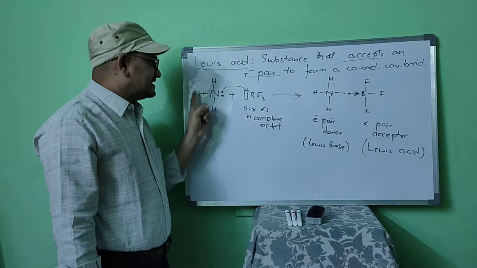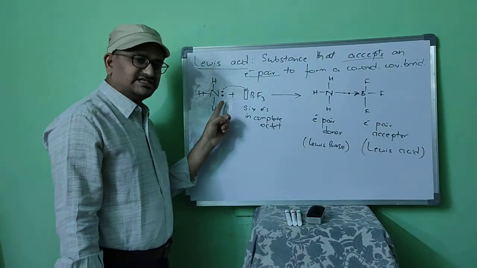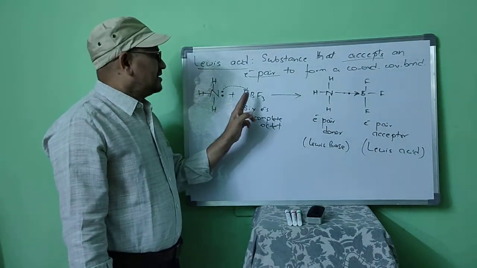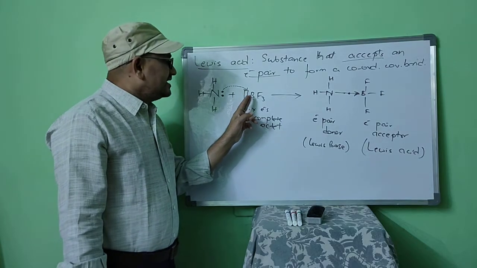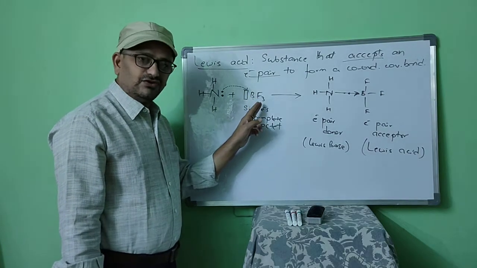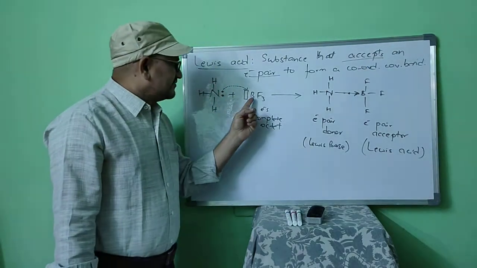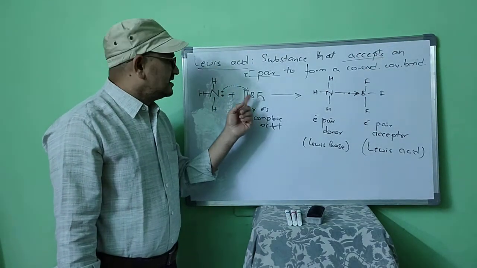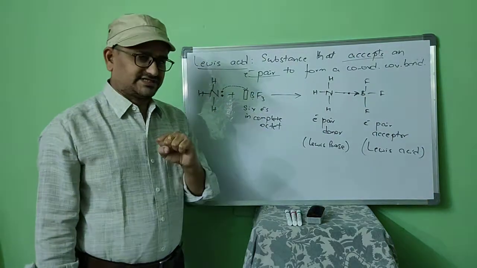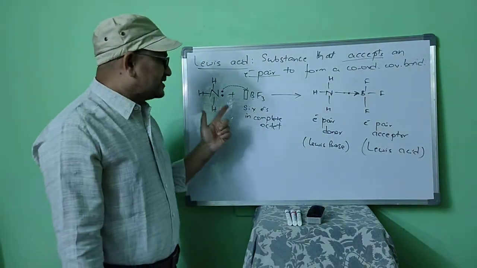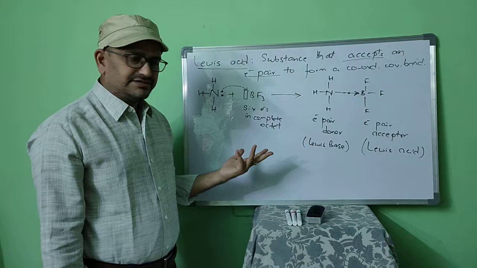Here ammonia is NH3, where nitrogen is possessing 1 lone pair of electrons. Boron BF3, here boron formed 3 bonds with 3 fluorines. You know, each bond has 2 electrons. Thus, from the 3 bonds formed here, boron has got totally 6 electrons. It is not getting an octet set of electrons, right?